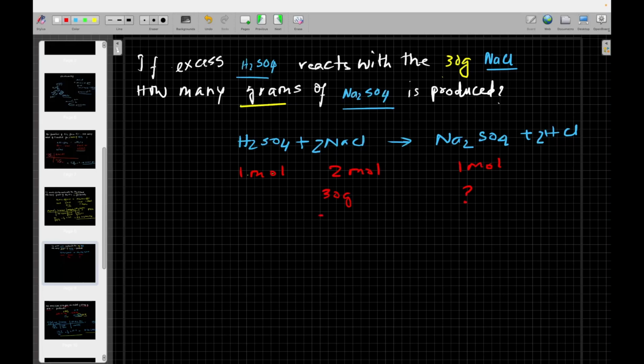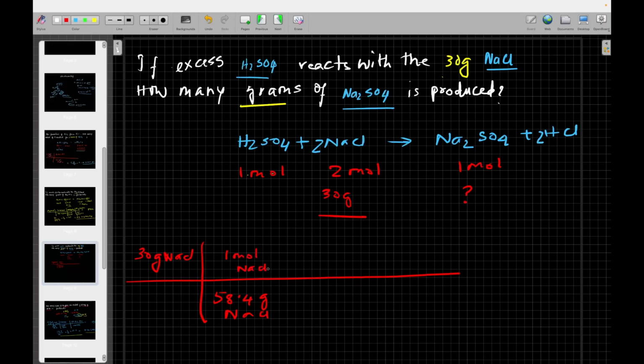The information provided in the word problem should be placed at the extreme left. We know the molecular weight of sodium chloride, which is 58.4 grams of sodium chloride, meaning 1 mole of sodium chloride. So we converted grams to mole.